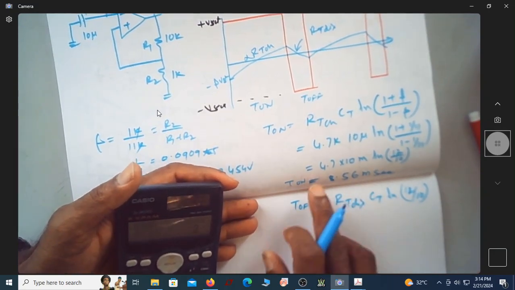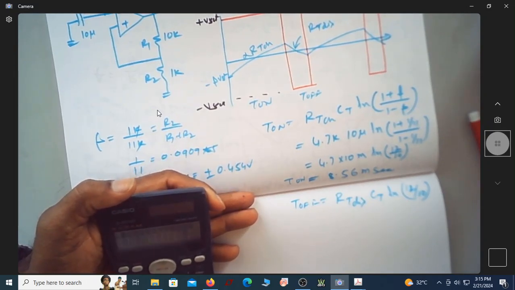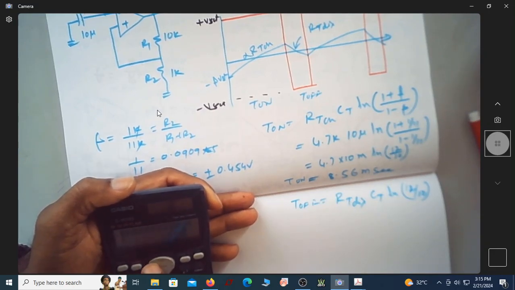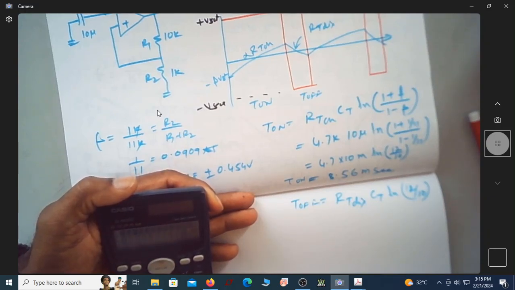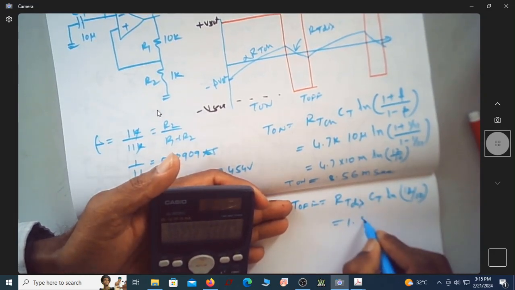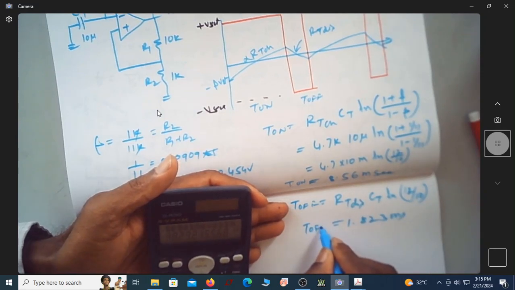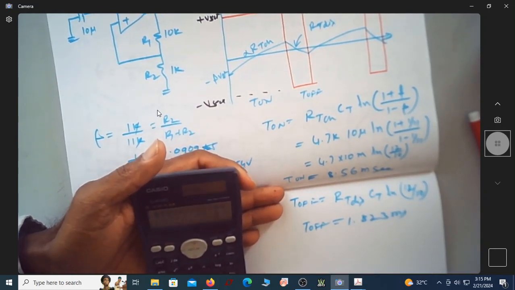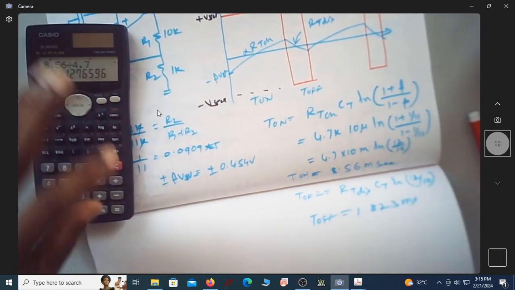It's actually 4.7 times lesser: 1 exponential 3 into 10 exponential minus 6 into ln of 1.2. It is 1.823 millisecond. This is T off. Actually, 8.56 by 4.7 would be 1.8. So this is T off.